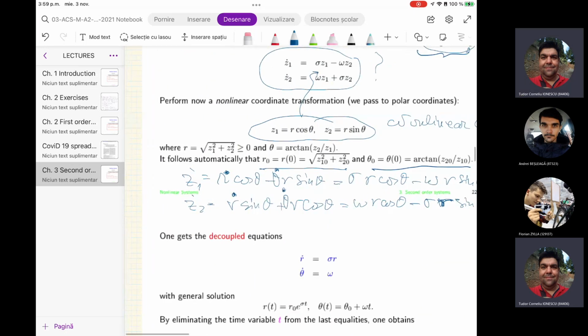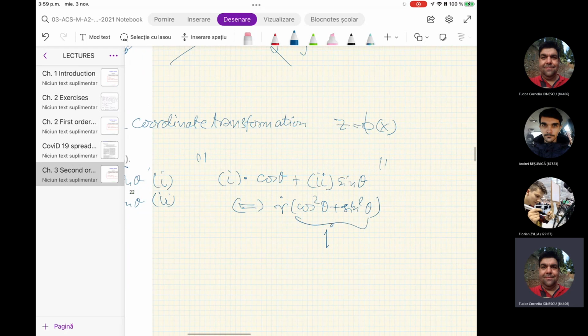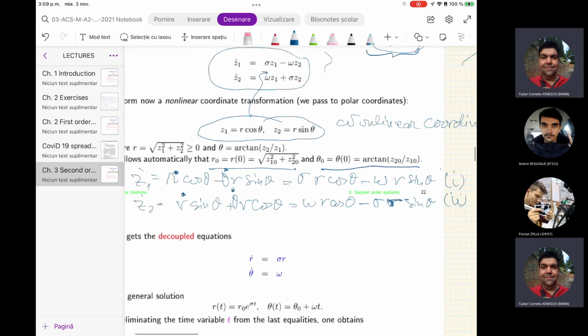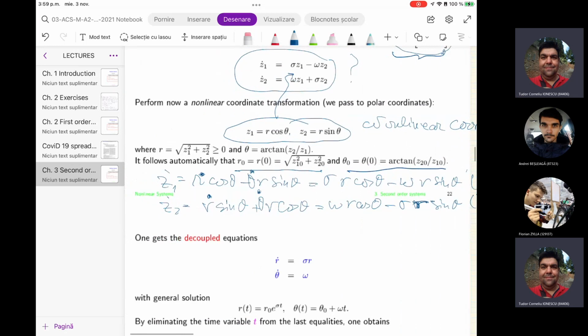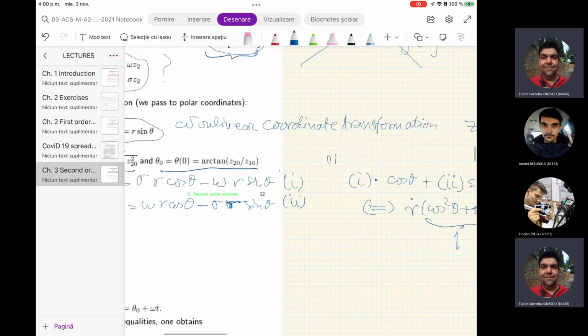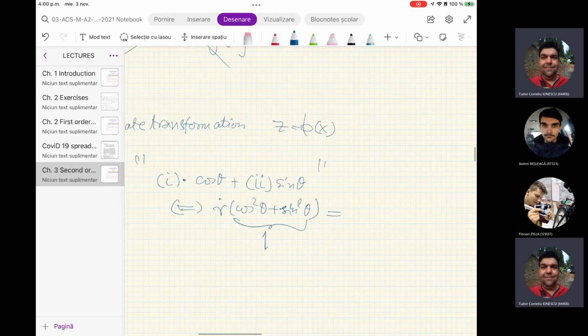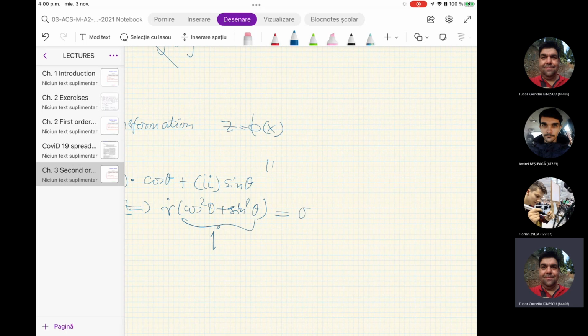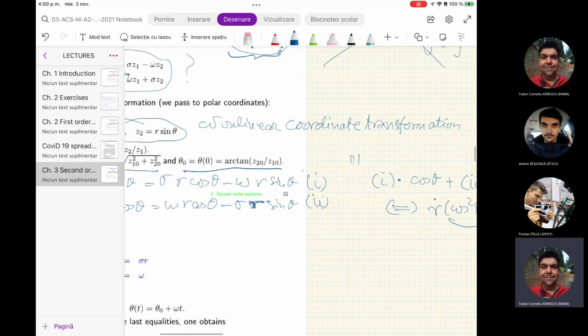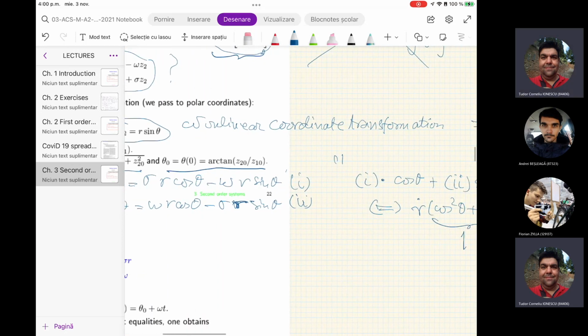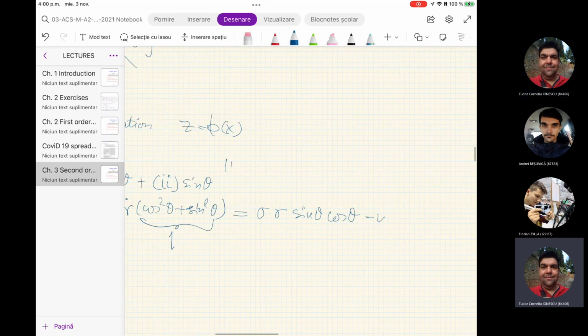You multiply the first one by cos, so sigma r sine theta cos theta minus omega r sine squared theta.